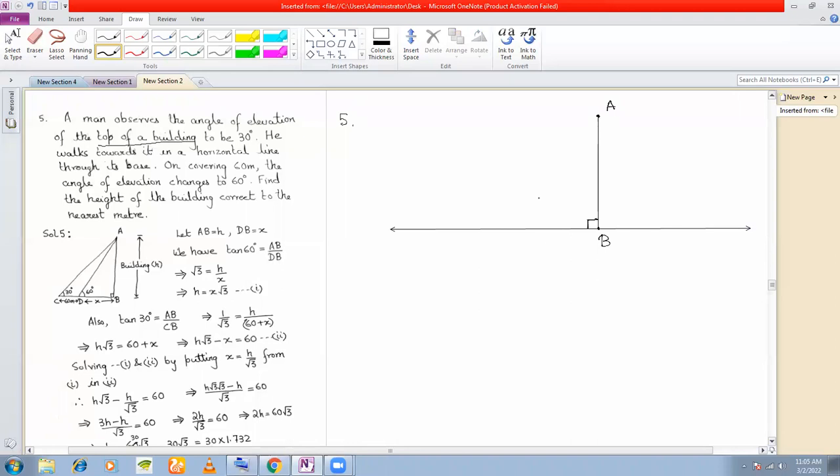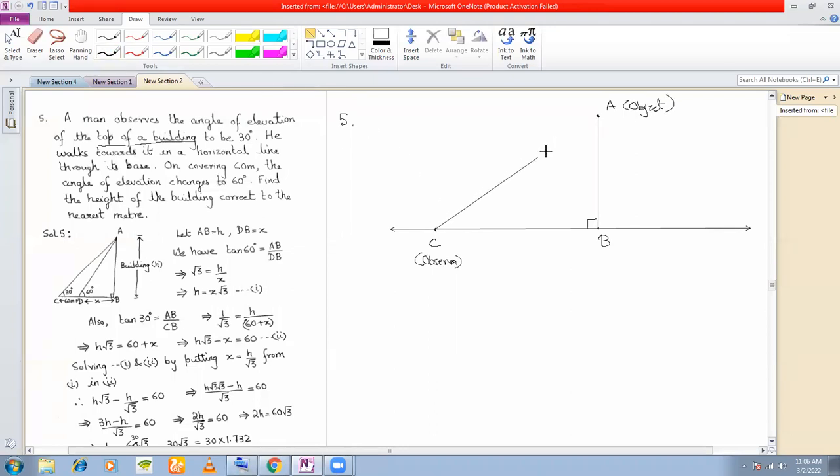So man observes the angle of elevation of the top of a building to be 30 degrees. So let's say the man is standing here at C. Okay. And he is observing from this position, from a lower position, because this is the observer. Okay. And this is the object, because they are talking about angle of elevation.